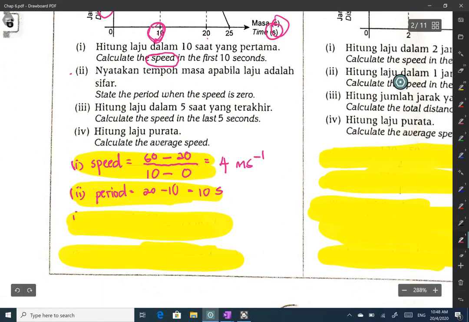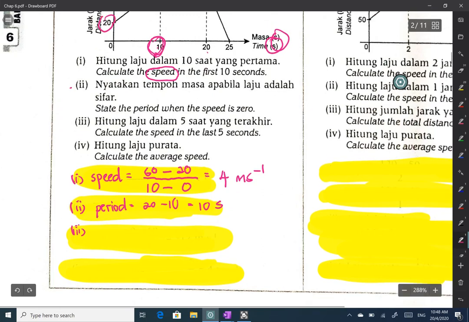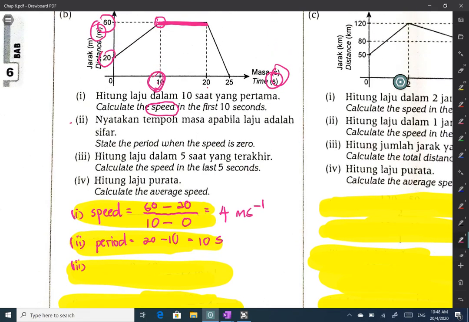Okay, number 3. Calculate the speed in the last 5 seconds, so 20 until 25. This is 5 seconds. I want to know the speed, still using the gradient. I start from this point first. This one is 60, to this point which is 0. What is your t?